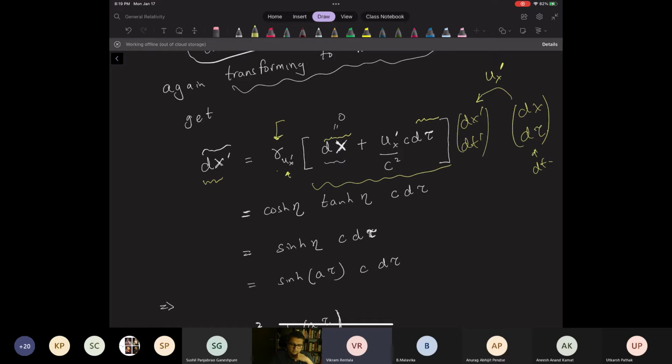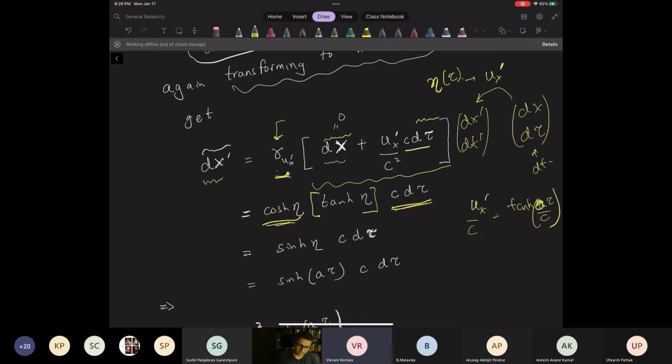It's convenient to express the transformation of u_x prime in terms of this parameter eta, which depends on τ, because as we've seen, u_x prime by c is tanh of eta, where eta is aτ by c. It's convenient to work with this because gamma is cosh, dx is 0, u_x by c² is tanh eta, and c dτ is c dτ as before.